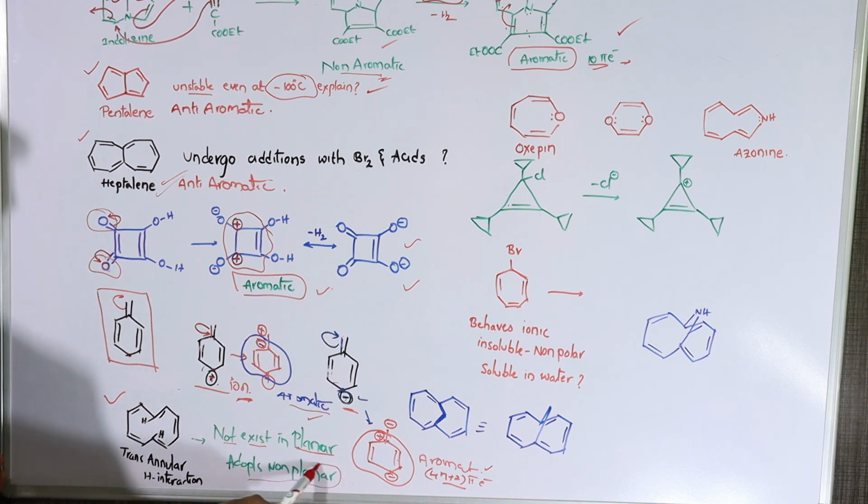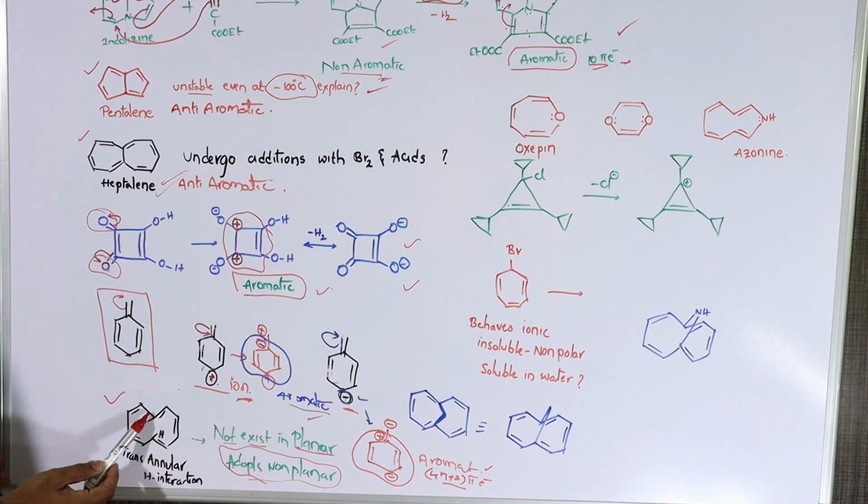It will get more strain due to the transannular hydrogen interactions. Which strain? You can say it is angular strain, or steric hindrance, steric interactions, or transannular hydrogen interactions. So it immediately adopts a non-planar structure.